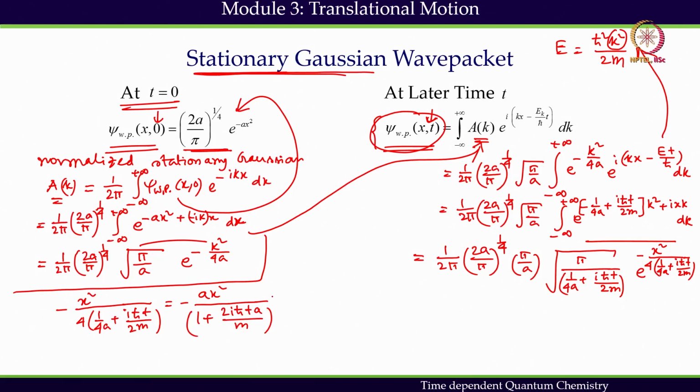We can write down this way. So if we can write down, I'll be able to write down this psi wave packet x t.